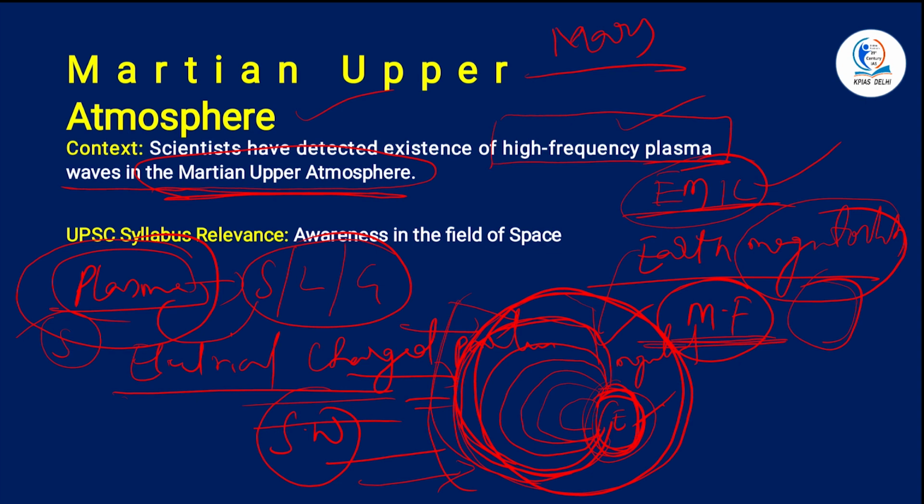As I showed you what is Earth's magnetosphere and magnetic field, Mars does not have any kind of magnetic field. So Mars is believed to lack a liquid iron-nickel core, which is responsible for generating some sort of global magnetic field on Earth.